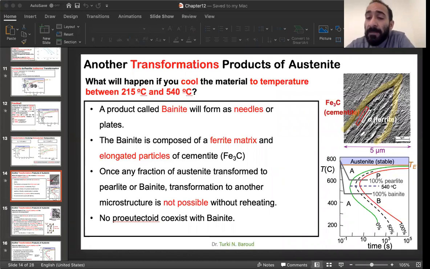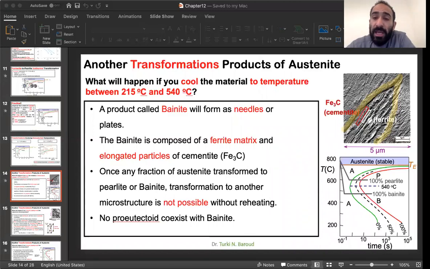It consists of the matrix, alpha ferrite, the background is alpha ferrite, and those elongated needle particles are the iron carbide. This means the carbon does not have enough energy to form the thinner layer. Okay, great.